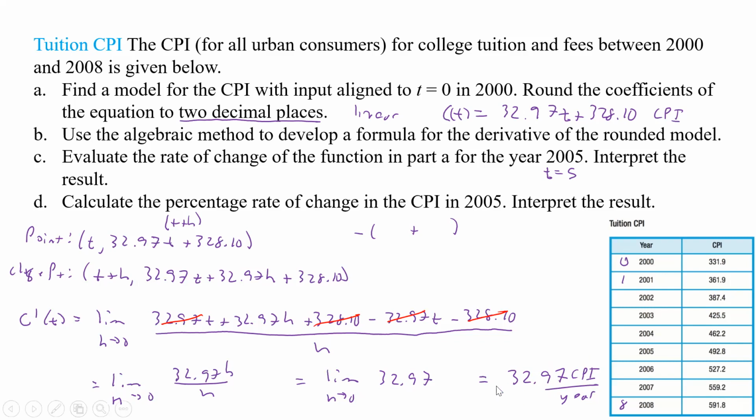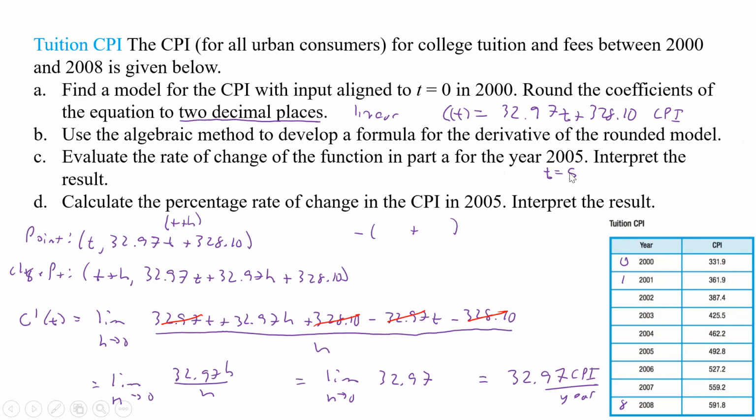Now, if we were actually doing this in real life, we wouldn't want to round to just 2 decimals. So that's just to make it so we can get to something easy, and that's going to be the key here. Now, what does it say? Evaluate the rate of change of the function in part A for the year 2005.